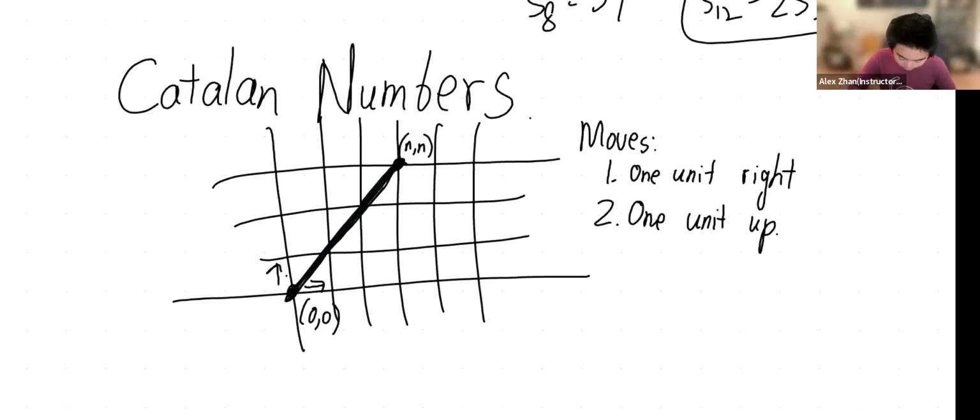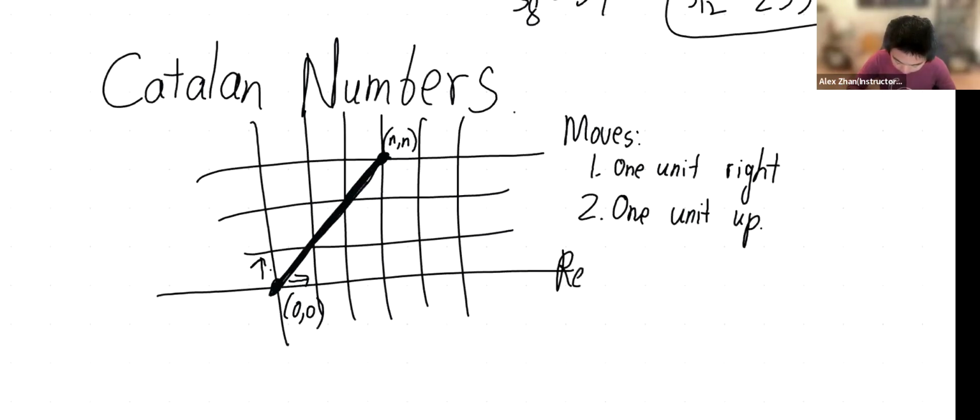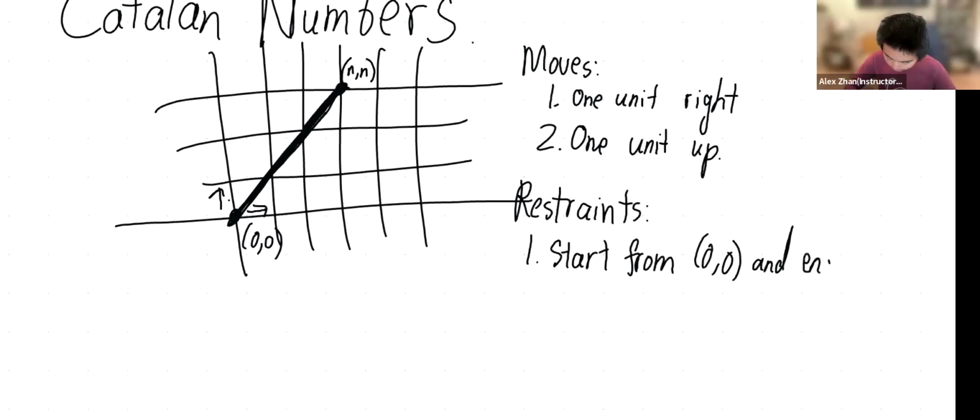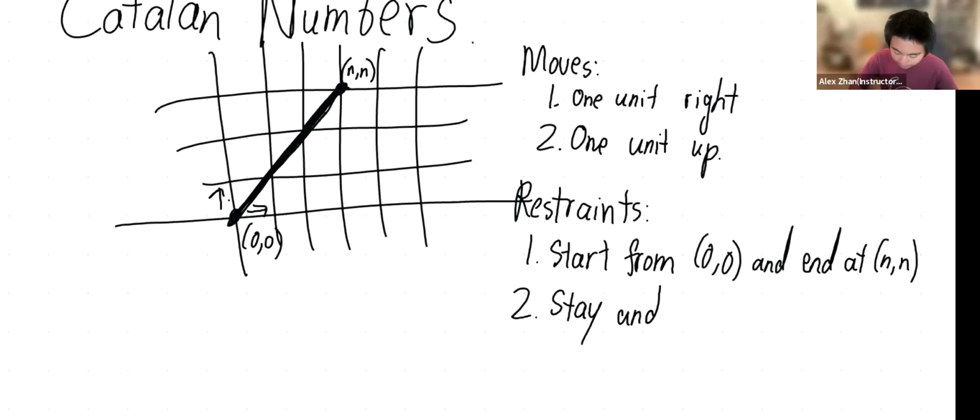I will write down all the constraints: start from 0, end at n, n, and also stay under the line y equals x, as in do not cross this line.